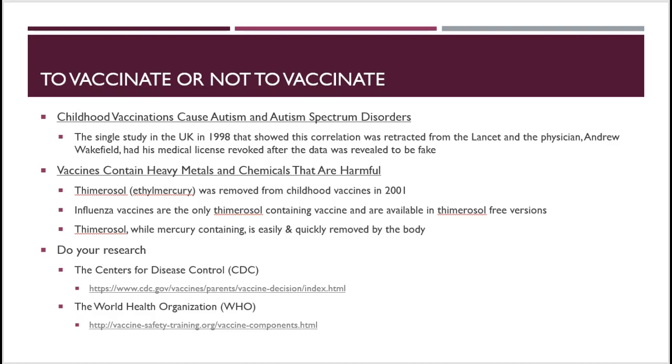That paper was later retracted because other scientists and physicians were unable to replicate Dr. Wakefield's results. And after further investigation, it was determined that his data was faked. So he lost his medical license. However, that one paper has done quite a lot of damage to overall vaccination rates in the UK and in the United States.